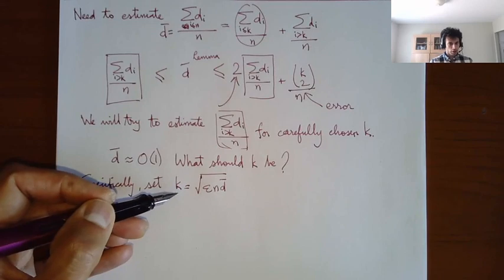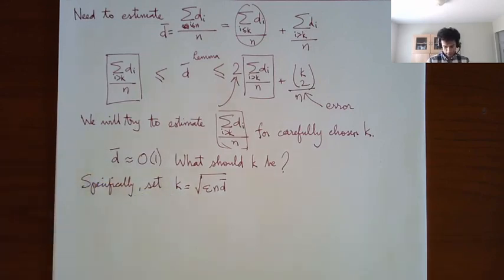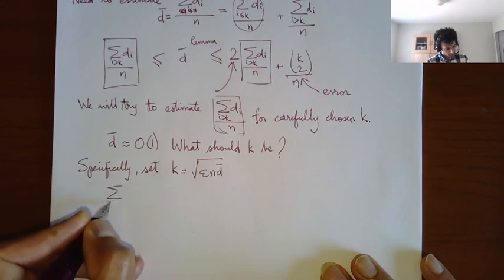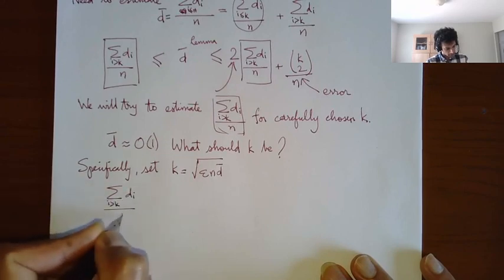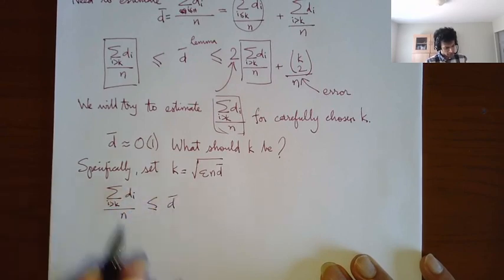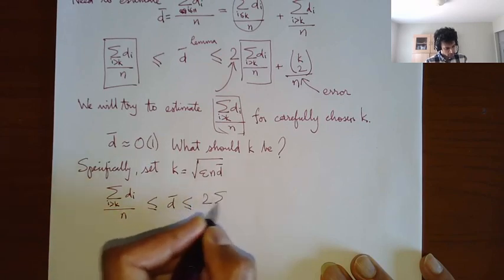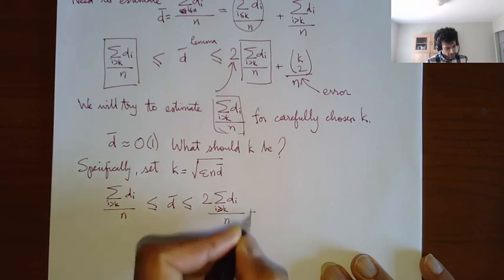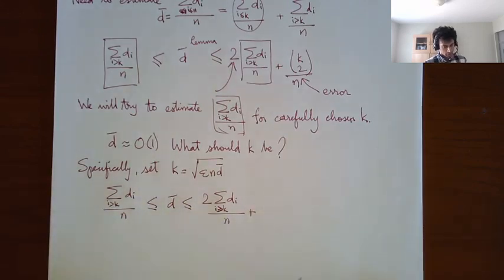So this is now going to be my value of k. What I get then is that the summation of i greater than k of d_i divided by n, so at most the average degree, times 2 summation of d_i over i strictly greater than k divided by n plus, up to some little o of 1 error.